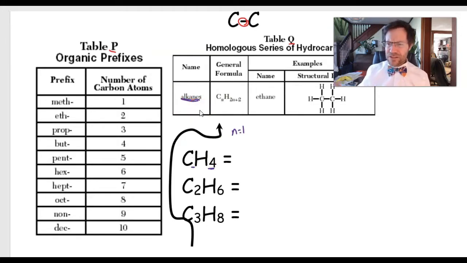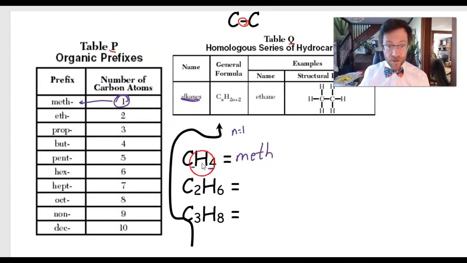But how do we know if it's methane, ethane, propane, butane, all that stuff? Well, for that, we need table P. And what we do, I'm going to say this about 1,000 times today, is count the longest chain, the longest consecutive sequence of carbons, or how many carbons there are. So this one has 1 carbon. If you have 1 carbon, the prefix is meth.